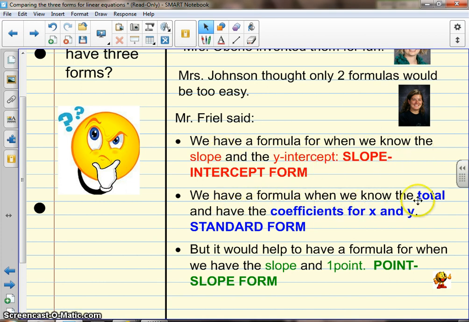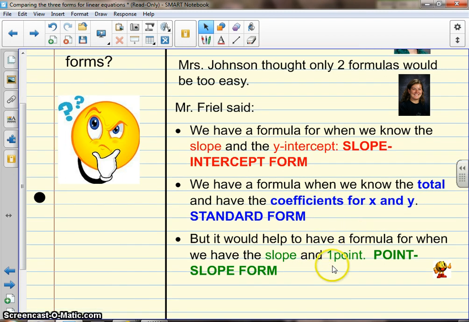We have a formula for when we know the total, the letter C, and we know the coefficients for x and y, and that's standard form. Finally, we have this third form. It would help to have a formula when we have the slope and one point, and that's point-slope form.